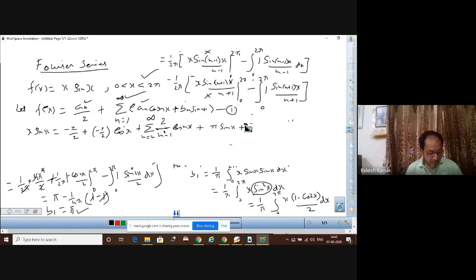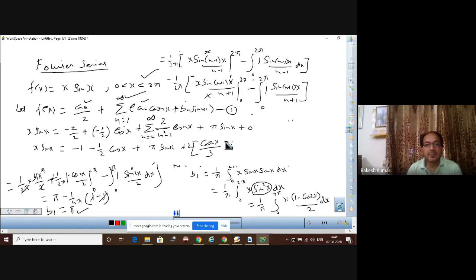So this is the ultimate series which we require, that is 1 minus 1 by 2 cos x plus, this term can be written here, pi sine x plus, so open the series here. For n equal to 2 to infinity, 2 is common, that comes out to be cos 2x upon 2 square minus 1, that comes out to 3.